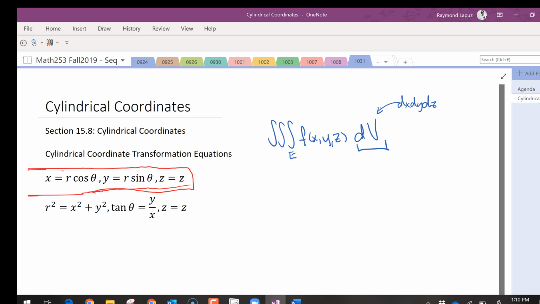So now we have three variables, so your Jacobian should be a 3 by 3 matrix. That's the partial of x with respect to the first variable, the partial of x with respect to the second variable, and z is equal to z, so the partial of x with respect to z.